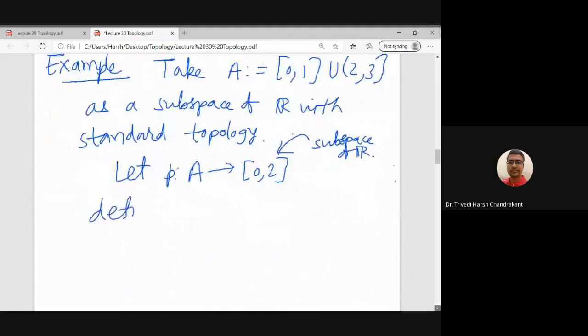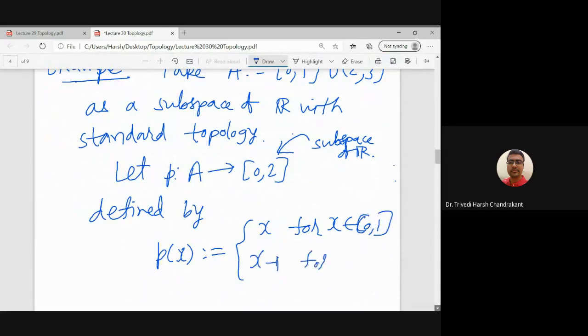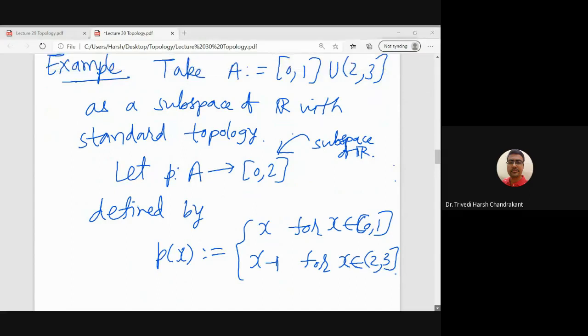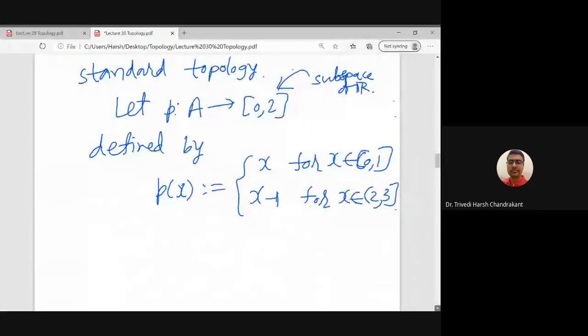This function we define in the same way: p(x) = x for x in the closed interval [0, 1], and x minus 1 for x in the open-closed interval (2, 3]. We can again draw the graph of this function; the only change is we have excluded the point 2.